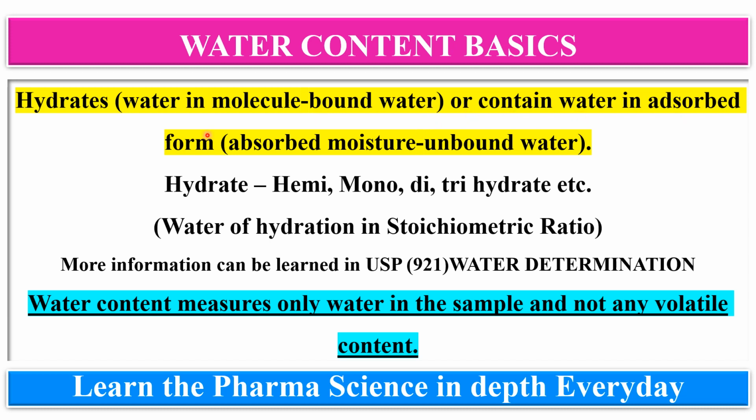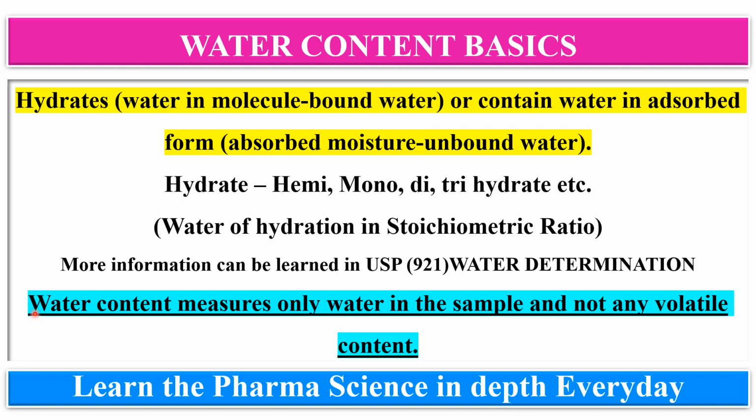Or water may be present in the material in absorbed form, that is unbound water. So these terminologies are there: water of hydration, which you can refer to as bound water, and water absorbed on or in the material, which is called unbound water.